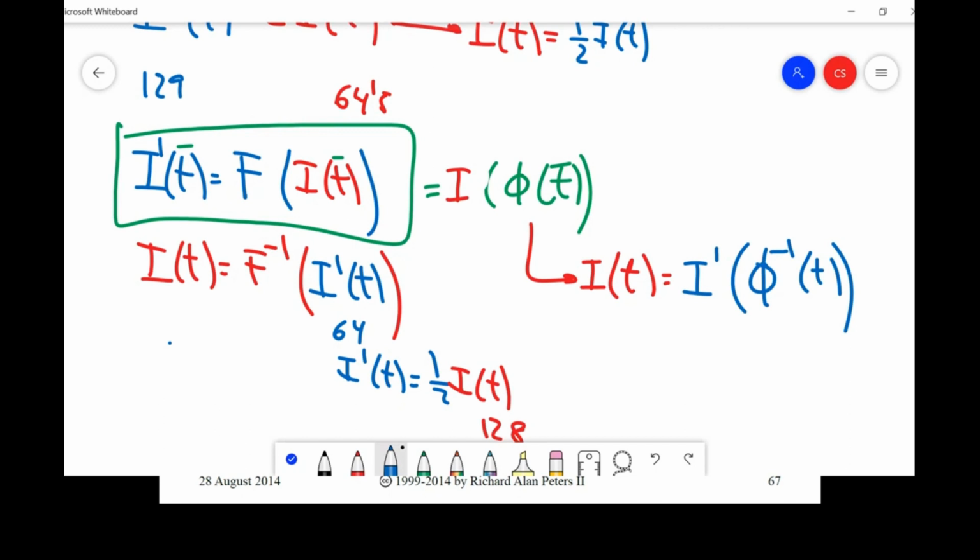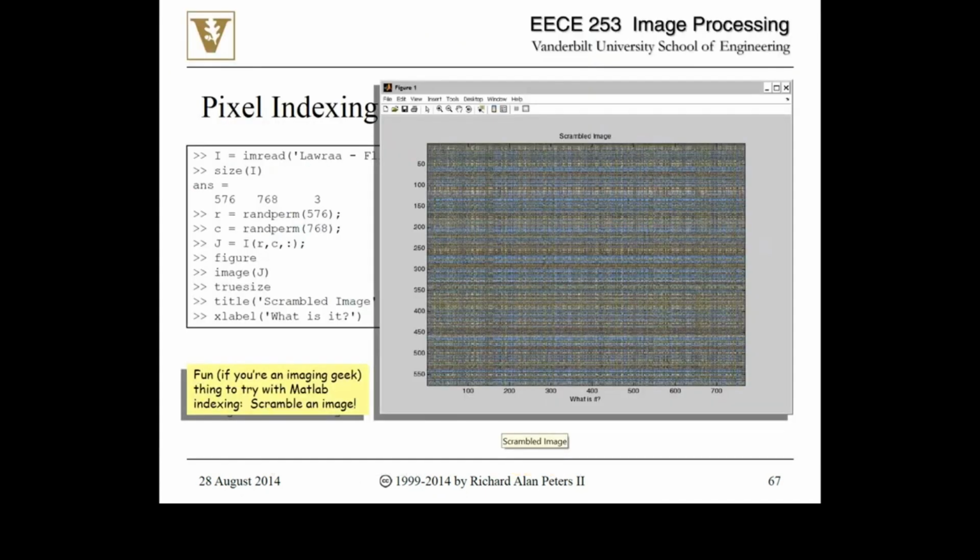So we have an image, we scramble it, and it outputs an image. If that transformation is invertible, you have not lost information. So the scrambled image, have we lost information? As long as you keep the random permutations, you have not lost information.